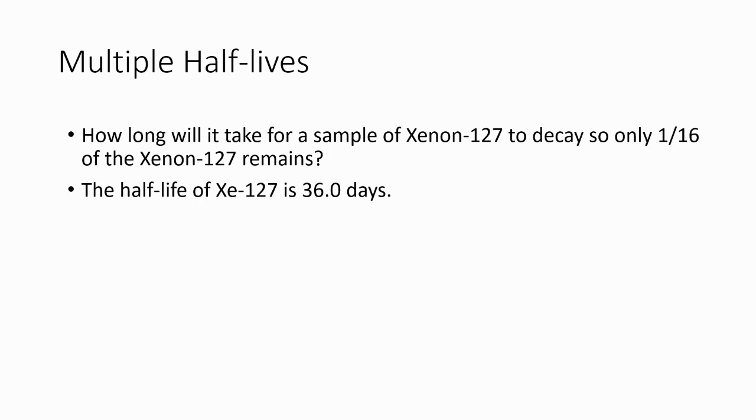Okay, so how about this problem? How long will it take for a sample of xenon 127 to decay so only 1/16 of the xenon 127 remains? And then we also have this information. The half-life of xenon 127 is 36 days. Okay, so 4 half-lives?